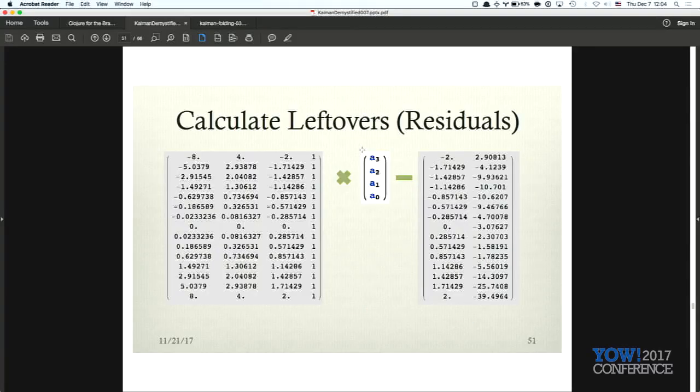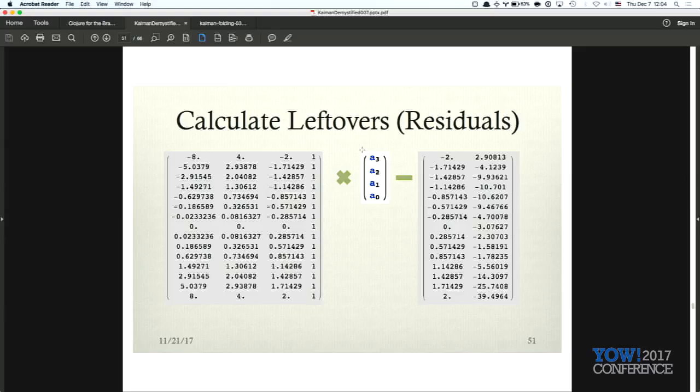Let me talk about how we actually do this with the Kalman filter. Remember, this matrix on the left here is my matrix of models. Each line here is just t cubed, t squared, t to the power 1, t to the power 0. And here are my unknown coefficients.